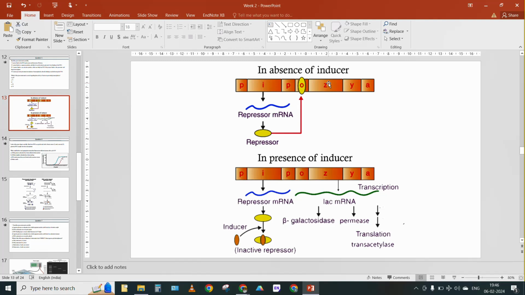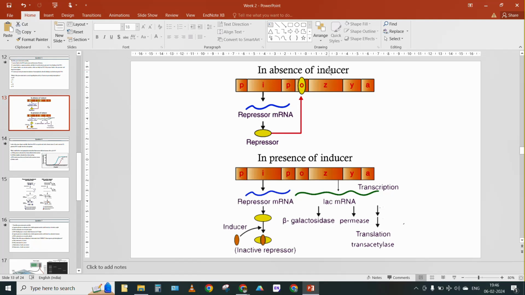The lac operon is basically used for digestion of lactose. Exactly. So let me start the proper clarification and the concept behind these statements.